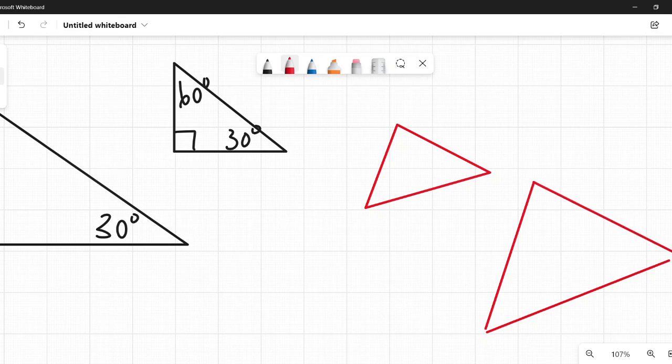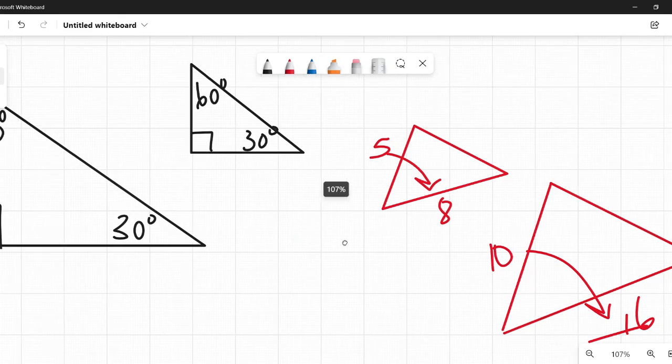So let's say I have these two triangles and I'm told they're similar, and this side was 5 and that's 8, and this side is 10. What is this side? They're the same proportions. So 5 is to 8 as 10 is to this number. It would be 16.